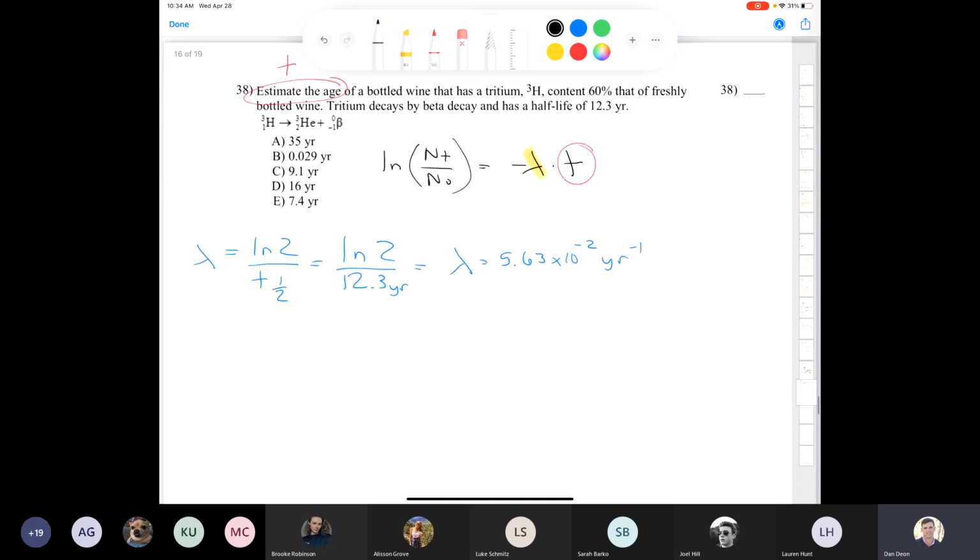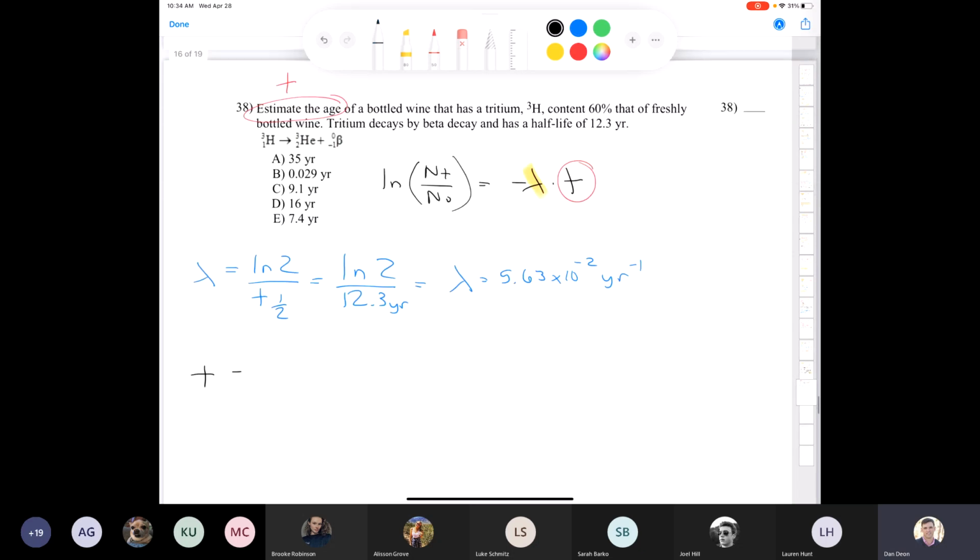So t is equal to the ln of Nt over the initial amount divided by the negative of lambda. How much do I have after a certain amount of time? I have 60%. So that's the ln of 60% divided by the 100% that I started out with, divided by the negative of 5.63 times 10 to the negative 2 years to the minus 1.